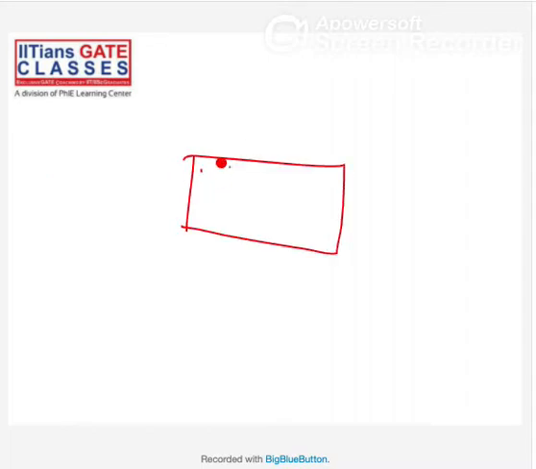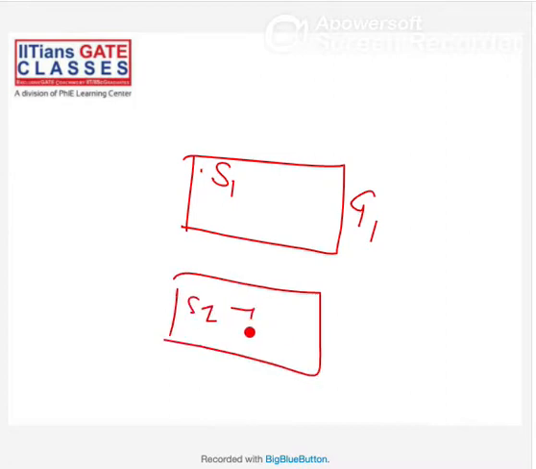Let's assume this is the CFG of G1 with start symbol S1, and this is the CFG of G2 with start symbol S2.